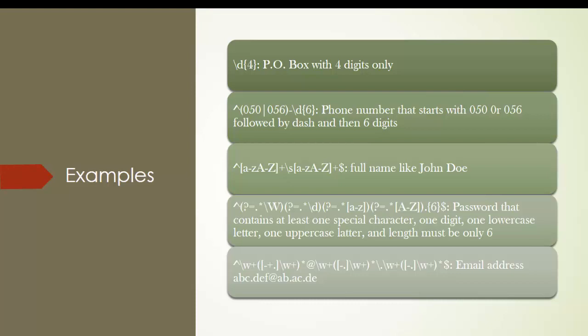Then after the @ you also have many examples, like we have hotmail.com, we have yahoo.com, and we have also other examples like ab.ac.de. So in order to allow the user to enter this, then again we have to start with \w. So this would be the AB, for example. Because we have 2 characters, then we use the \w plus.